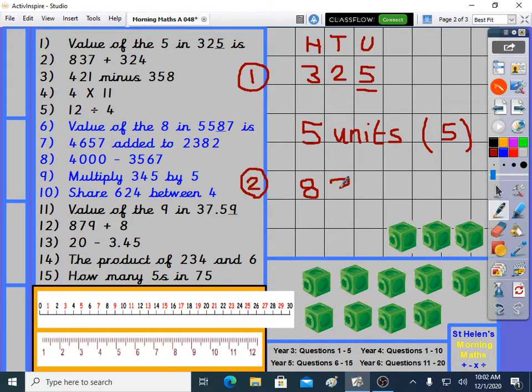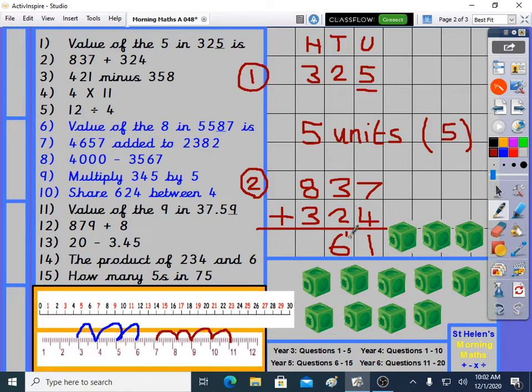837 plus 324. That fits in very nicely, doesn't it? 7 plus 4. Okay, 7 plus 1, 2, 3, 4 is 11. 3 plus 2, that's 5, isn't it? 3 plus 1, 2 is 5, plus 1 more is 6.